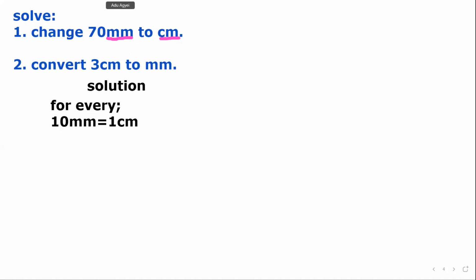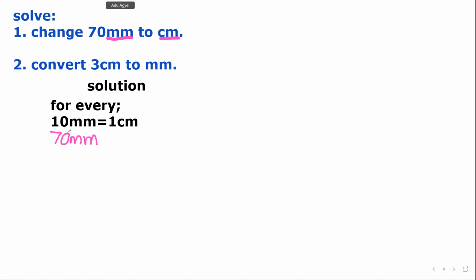So this one, let me do the manual calculations here. Now we are going to record the 70 millimeters here, under the millimeters, because this belongs to the millimeters arena, and this belongs to the centimeters arena.